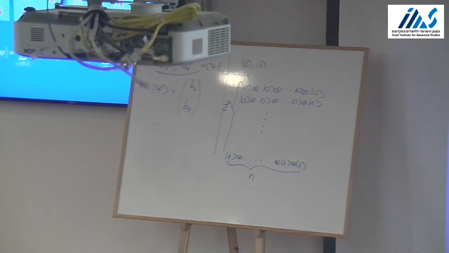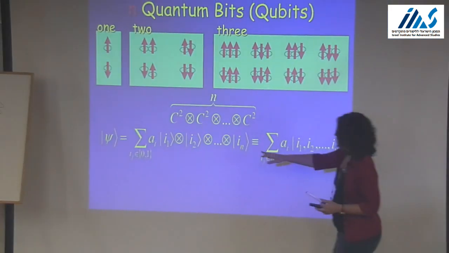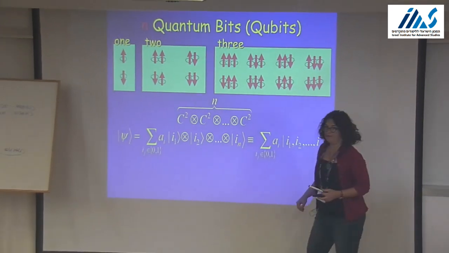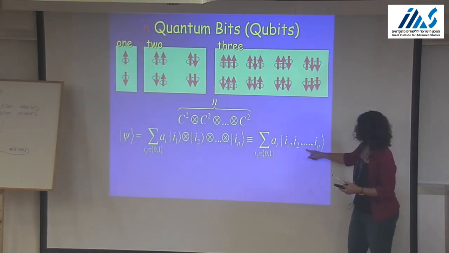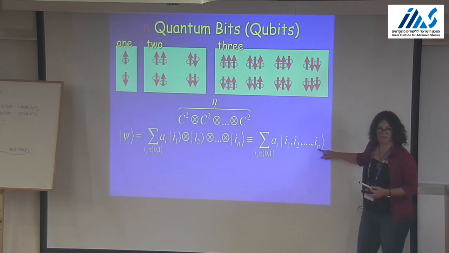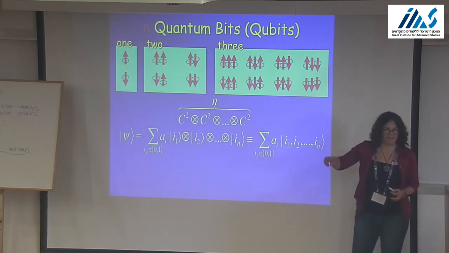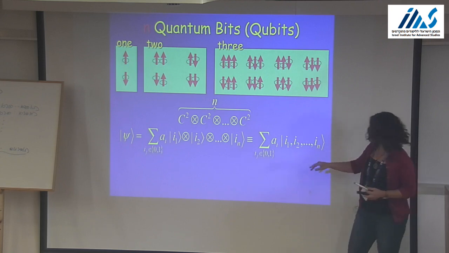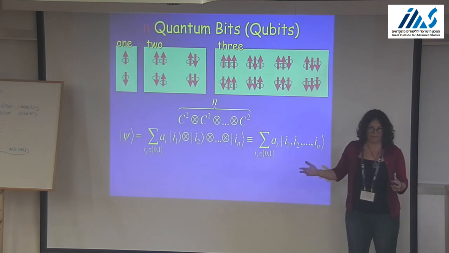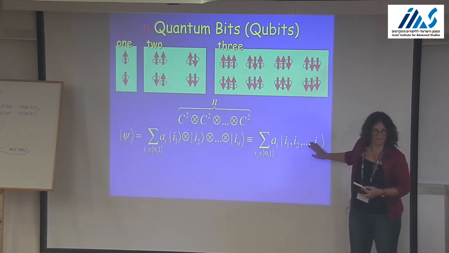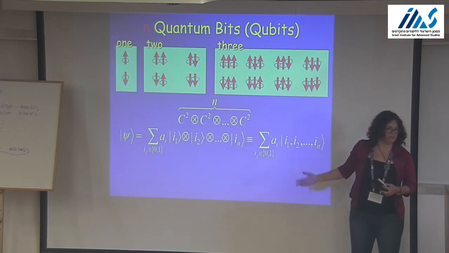And we'll often omit the tensor product and just refer to this state as the same as this state. And even more than that, we'll often omit these bits, and we'll just take this as a binary representation of some number, an integer between 0 and 2 to the n minus 1. Okay?